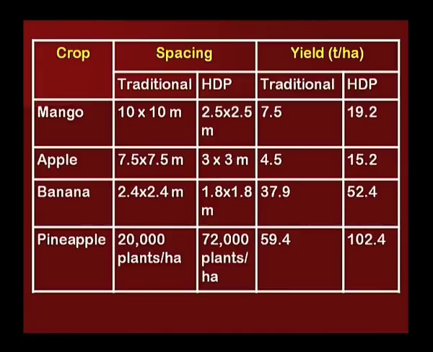In banana, the traditional spacing is 2.4 by 2.4 meter. The HDP spacing is 1.8 by 1.8 meter. The yield obtained in traditional planting of banana is 37.9 tons per hectare, and in HDP it is 52.4 tons per hectare.